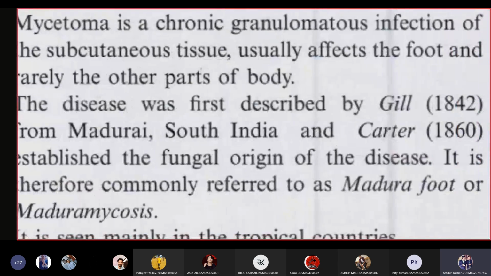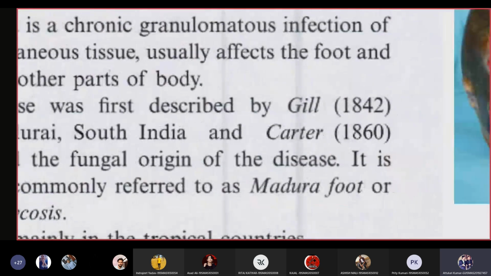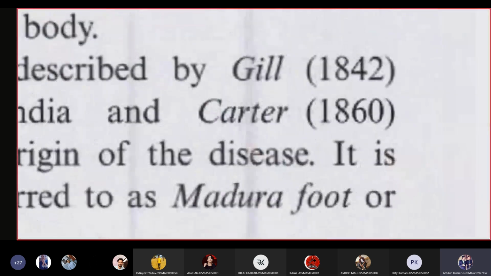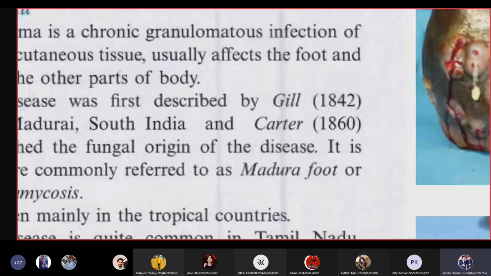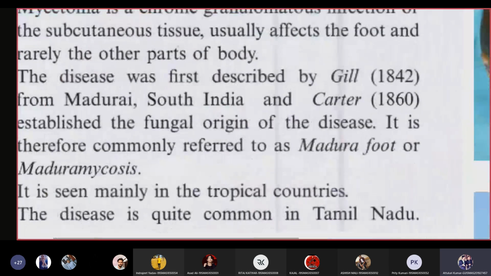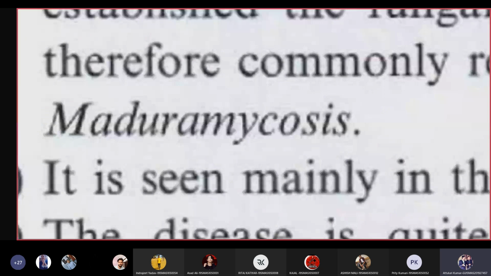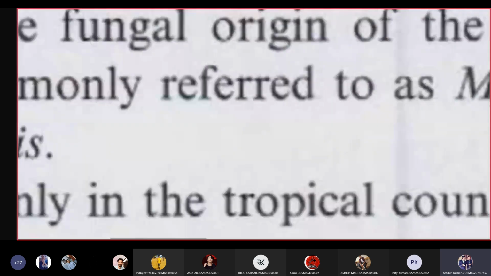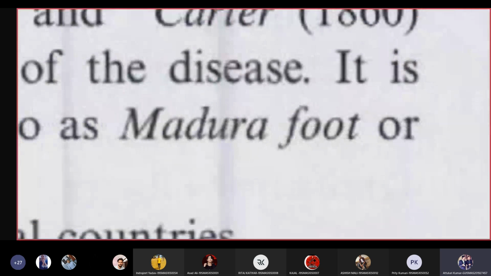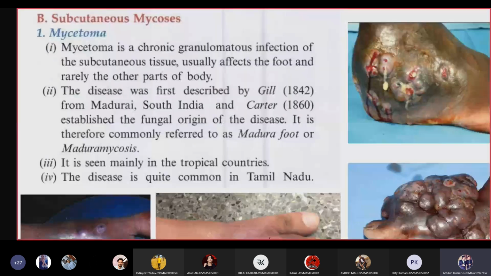Then there is a scientist named Carter, who associated Mycetoma with a particular fungus, Madurella mycetomatis, which is responsible for Mycetoma, also called Madura foot. So Carter gave the exact cause of this infection, whereas Gill first proposed this infection to the world, having observed it in Madurai, South India.